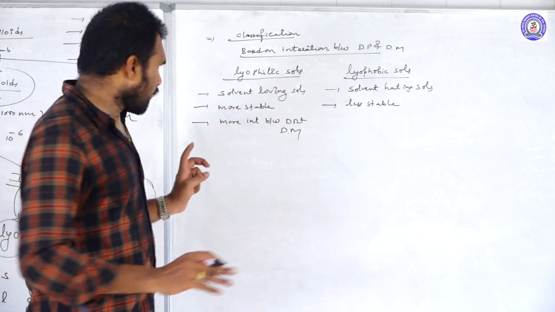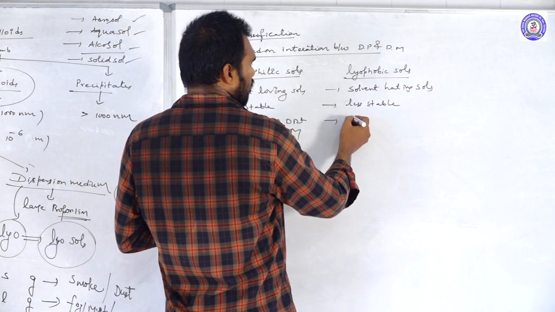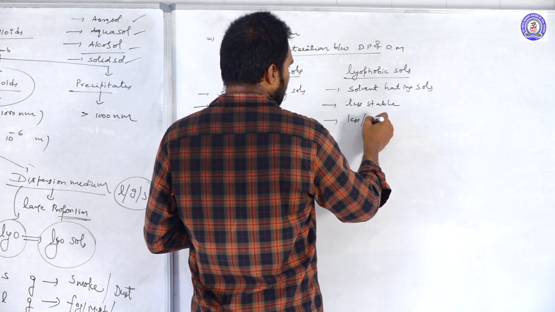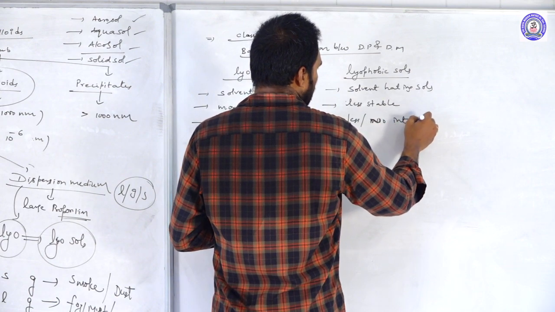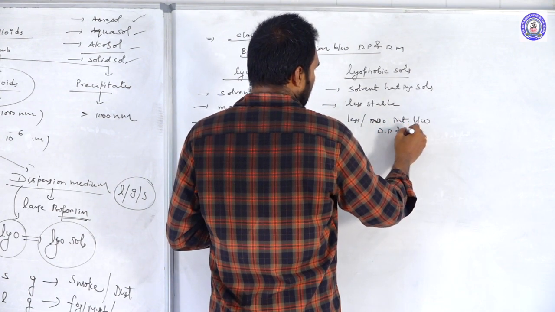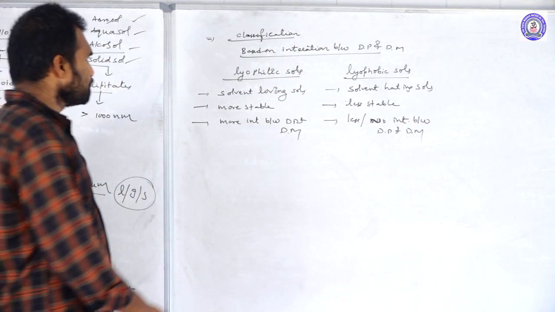Whereas lyophobic usually have less or almost no interaction between dp and dm. That is why they form immiscible liquids.